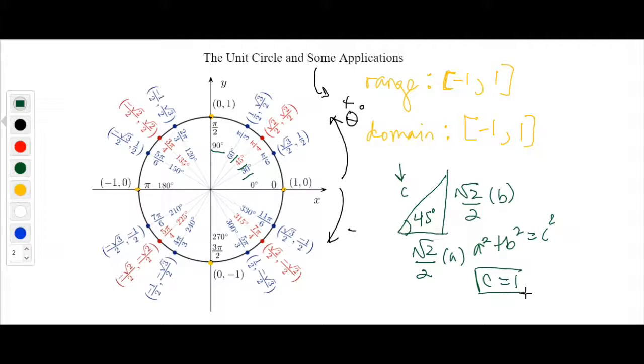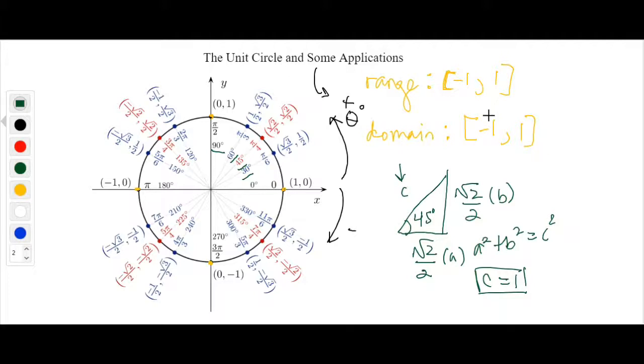That's one of the coolest things about the circle, because like we said, the maximum magnitude is 1. We already defined that when we were talking about range and domain, so that's why it makes sense.